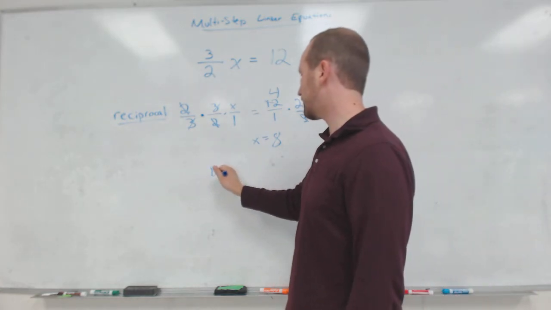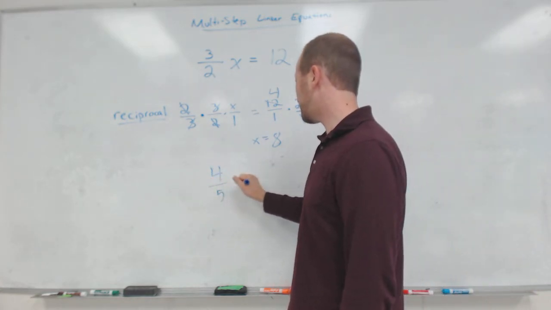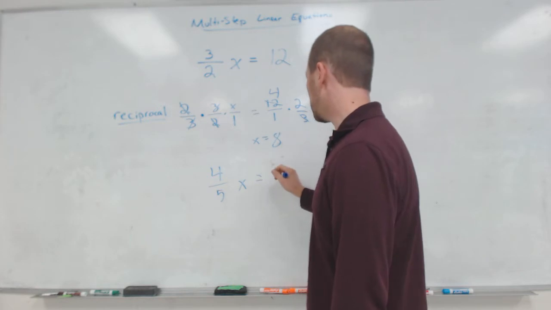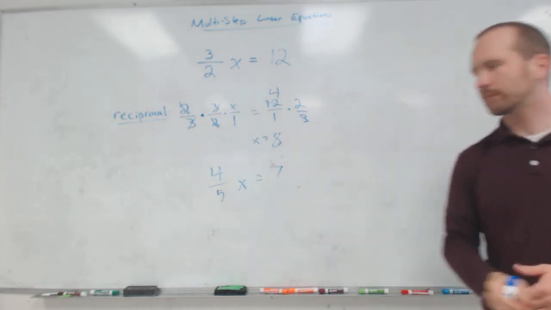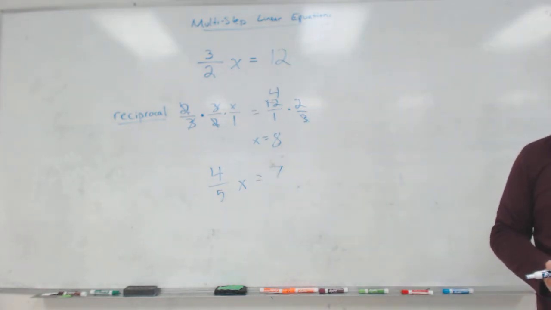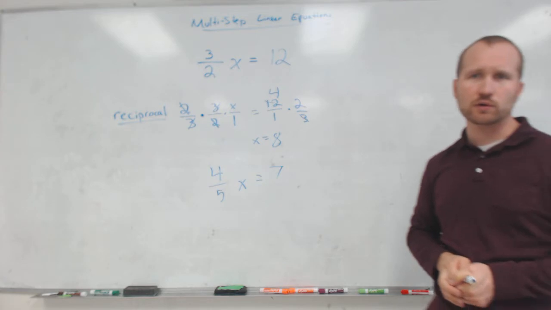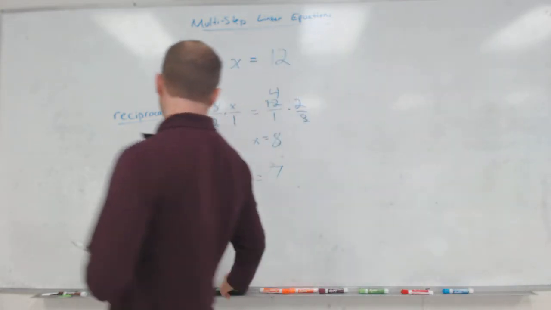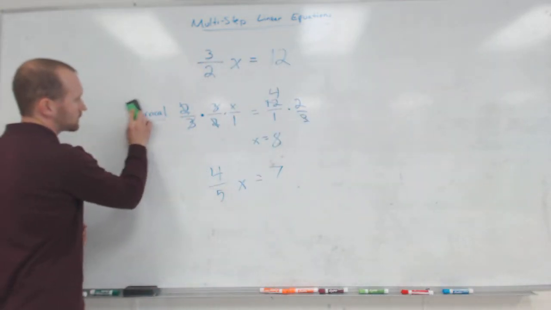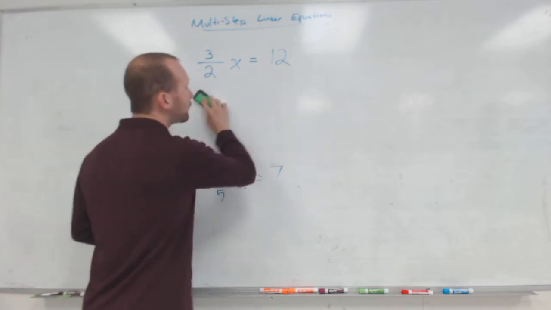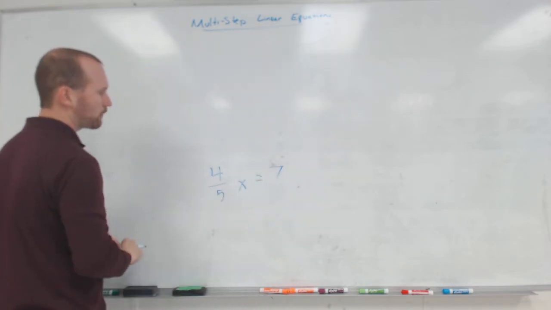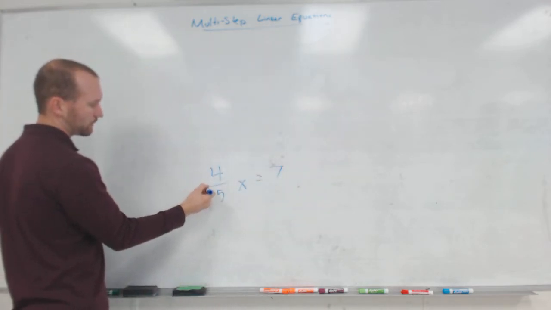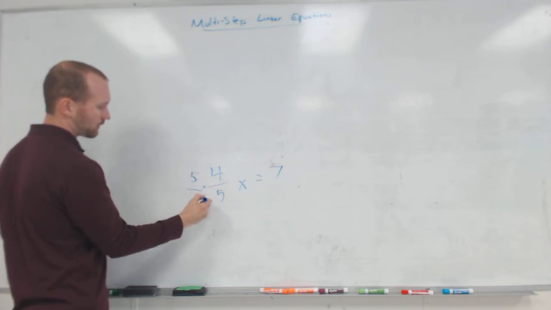What if I had something like 4/5 x equals 7? So what do I do if I have a fraction? I multiply times the reciprocal. What is the reciprocal of 4/5? 5/4. So I multiply both sides of my equation times 5/4.